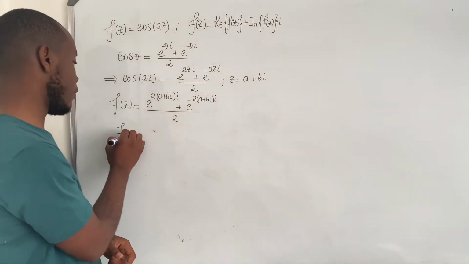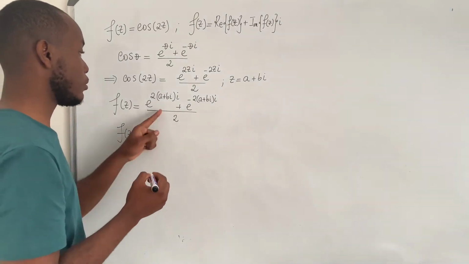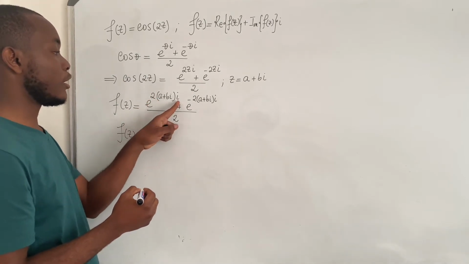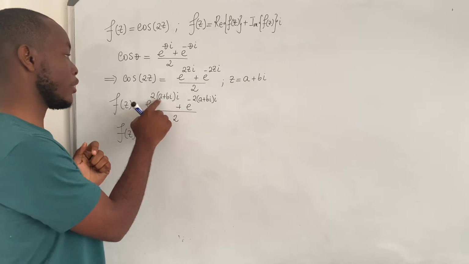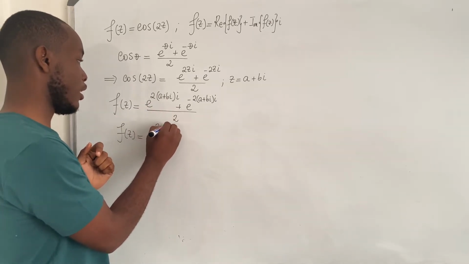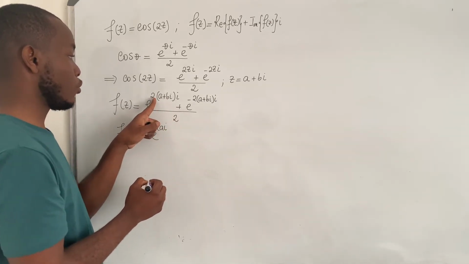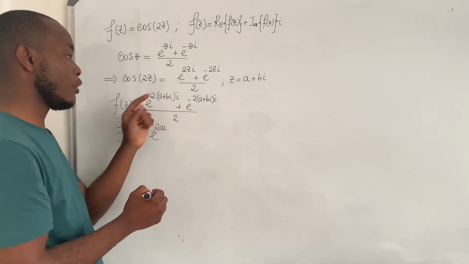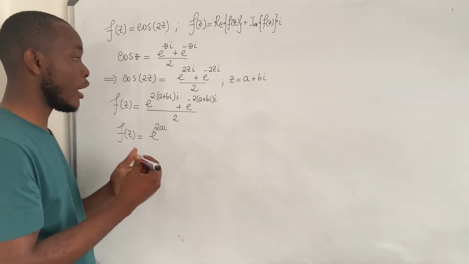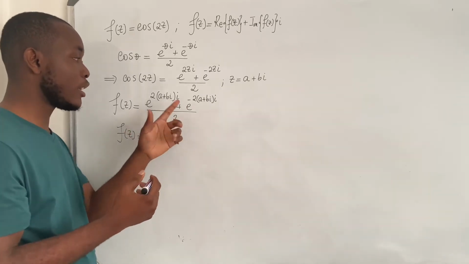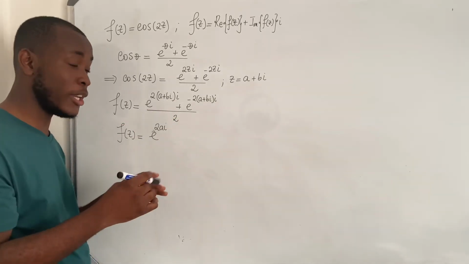Okay, f of z will be equal to, now if we check, I can multiply. So we're going to have e to the power 2ia. 2i multiplied by bi, we're going to have i squared, and i squared is negative 1.